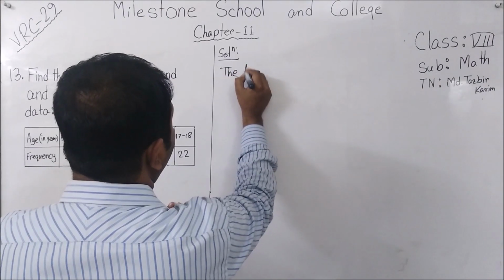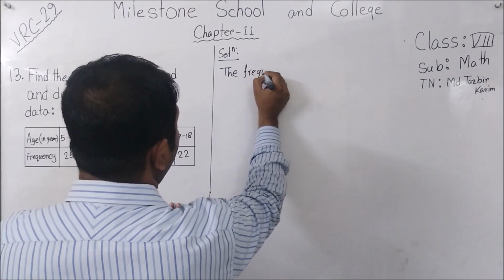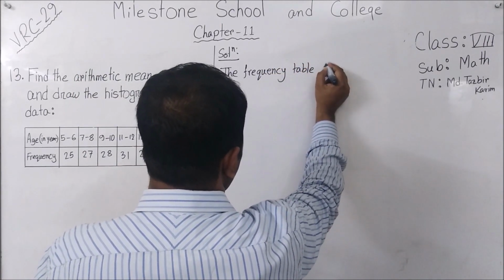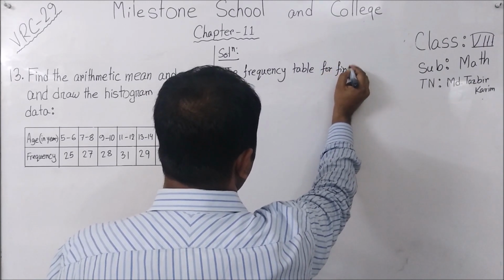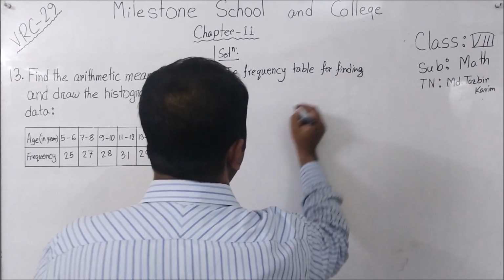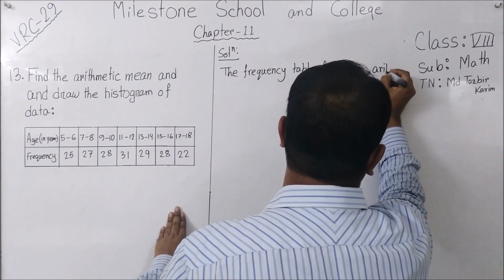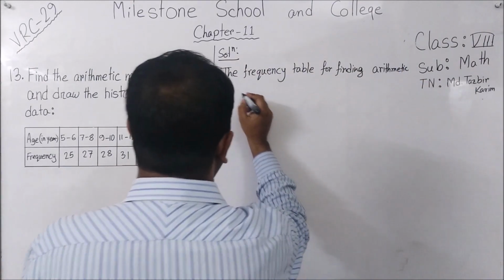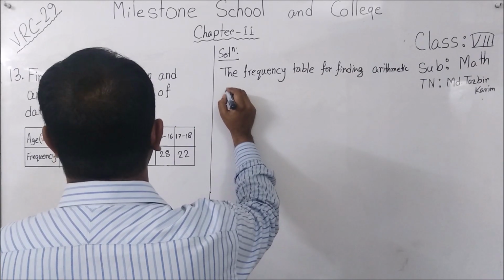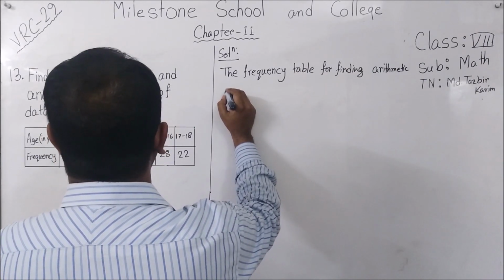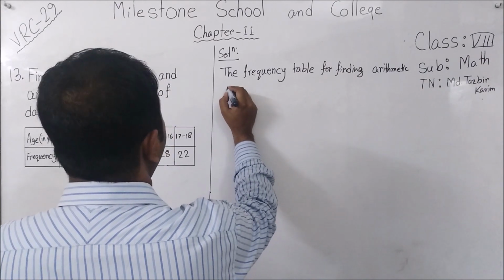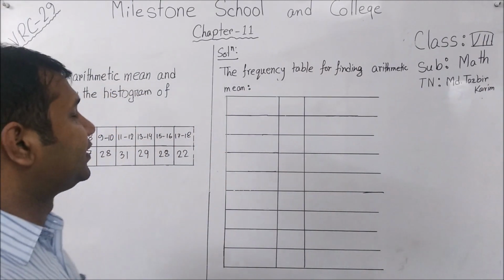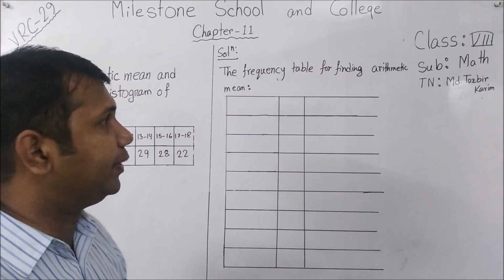The frequency table for finding arithmetic mean. So you see this is the table that we are going to draw for finding the arithmetic mean.